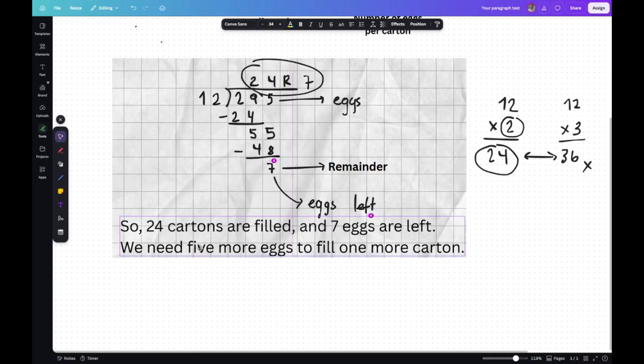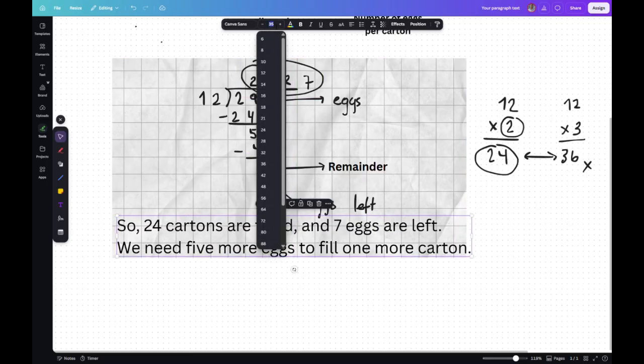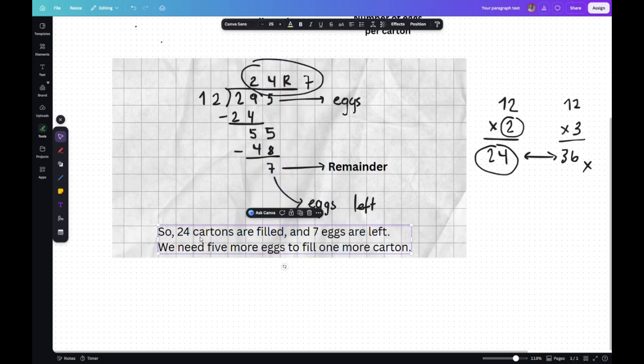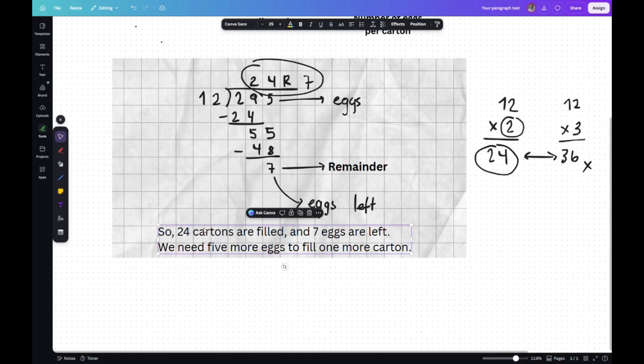So basically we can make 24 cartons full of eggs, with dozen. So we're gonna have 24 dozens, and we're gonna have 24 cartons, because remember, 1 carton has 12 eggs, 1 dozen, and 7 eggs are going to be left.